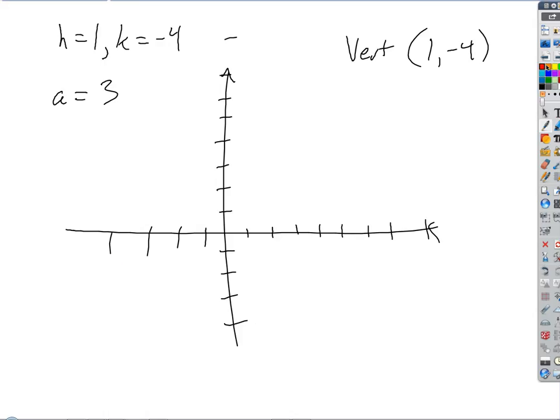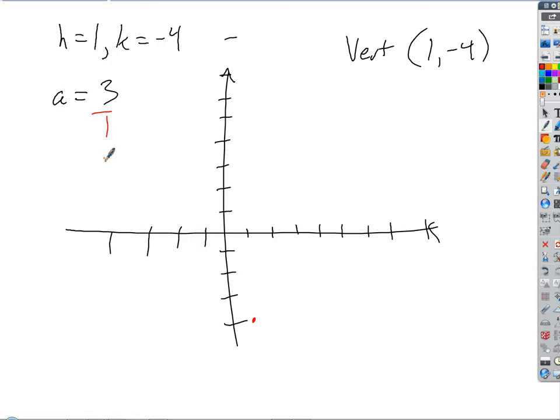So I'm going to go over 1, down 4, right? And how am I going to draw the right leg of the V? What do I do to get my second point? So A is 3. What does A stand for again? Slope of the right leg, good. So what is that as a slope? What does that mean in terms of a rise over a run? 3 over 1.